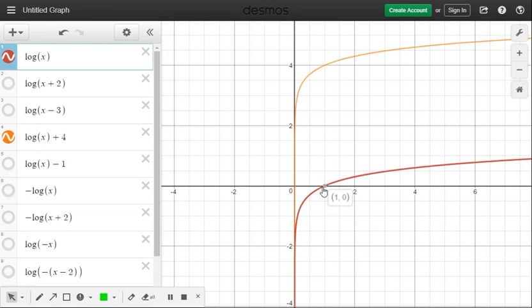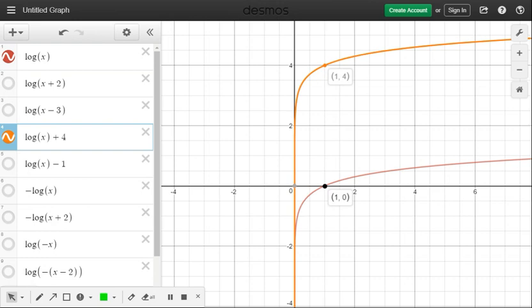And since it moved upward, maybe I could use the same point along the same axis, the y-axis here. So I'm going to use the vertical and check right here. The point from the orange graph is (1, 4). So the x values are the same, but the y values change.